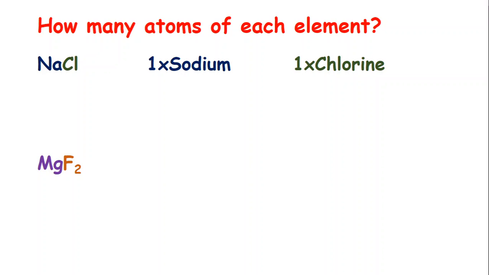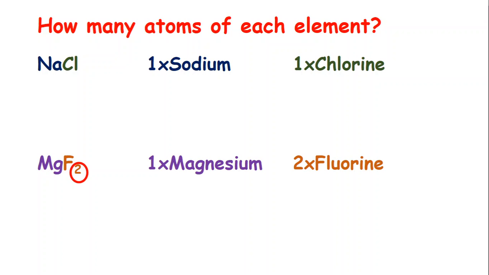For magnesium fluoride you may have noticed that there's a lowercase 2 next to the fluorine, and that means we have two atoms of fluorine here. There's still no number next to the Mg for magnesium, so we have one magnesium but two fluorine.